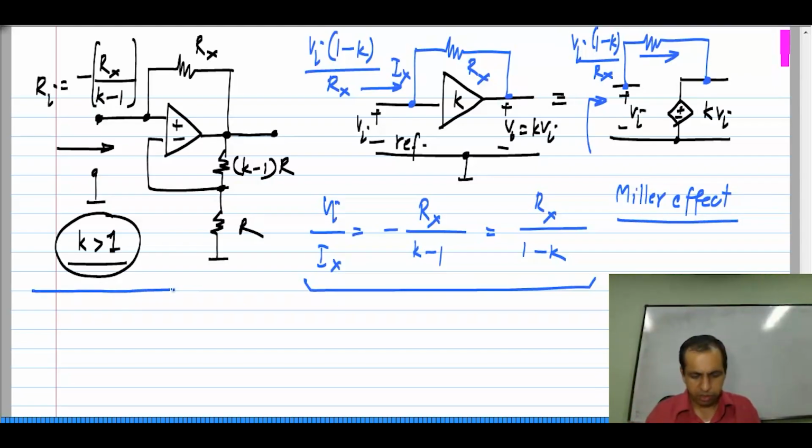And also, depending on the gain value, there are a few possibilities.